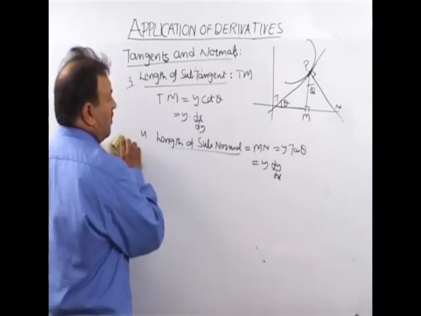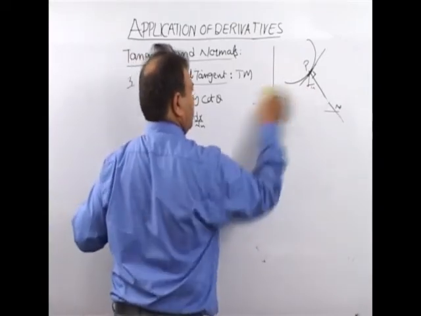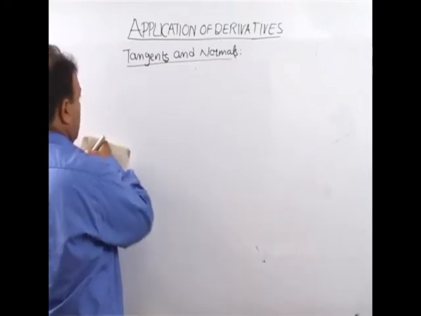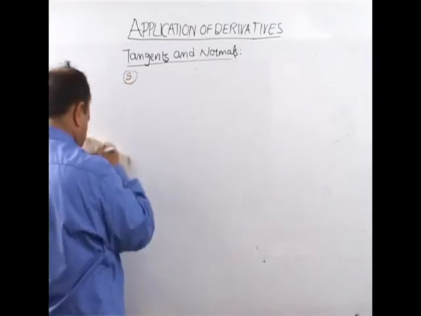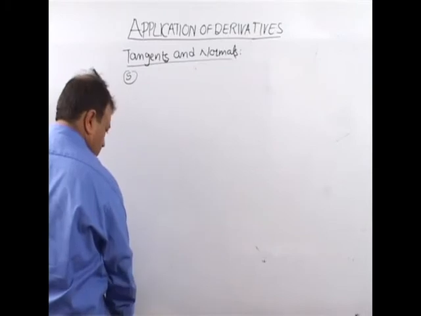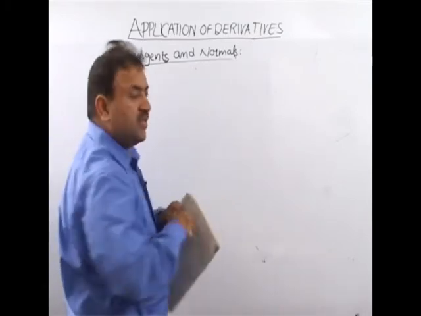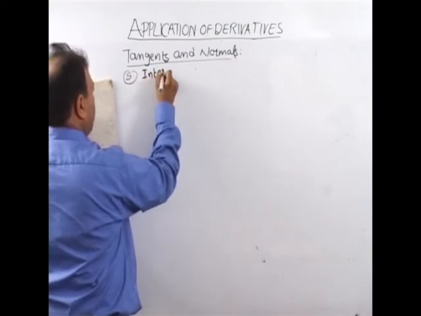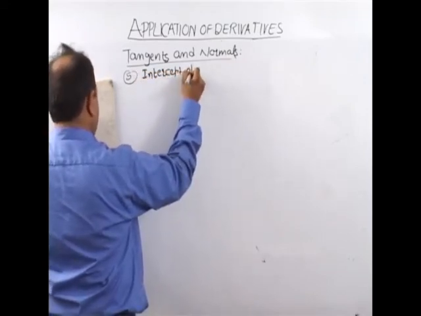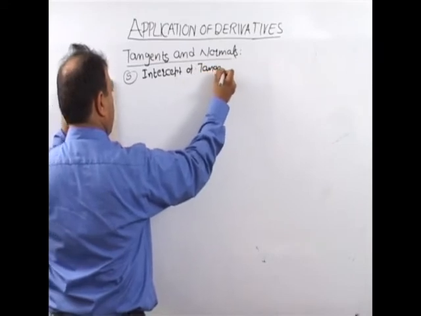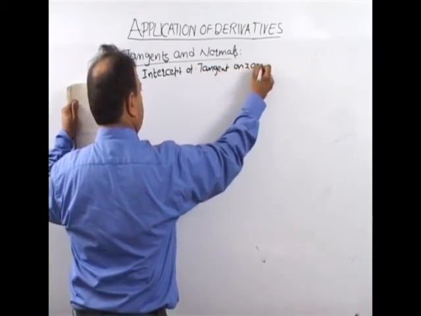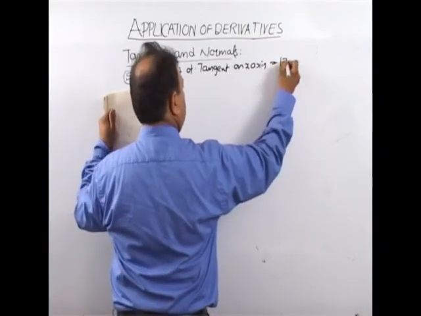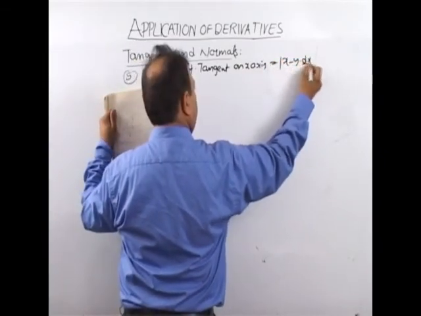The next point, the fifth point of tangent and normal, is the intercept of tangent on the x-axis, which is equal to x minus y dx upon dy.